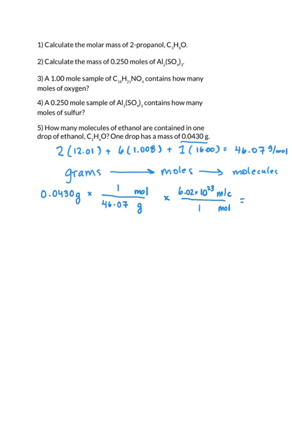Again, in this case, it's molecules. Now, grams cancel, moles cancel. We'll be left with molecules in our final answer. 0.0430 divided by 46.07, then multiplied by 6.02 times 10 to the 23rd, results in 5.62 times 10 to the 20th molecules of ethanol.